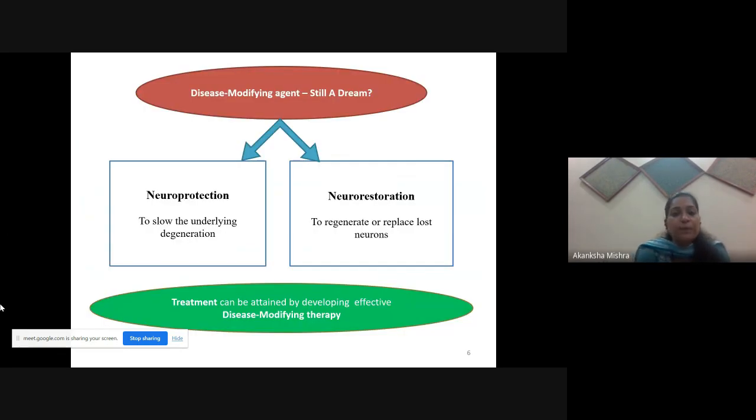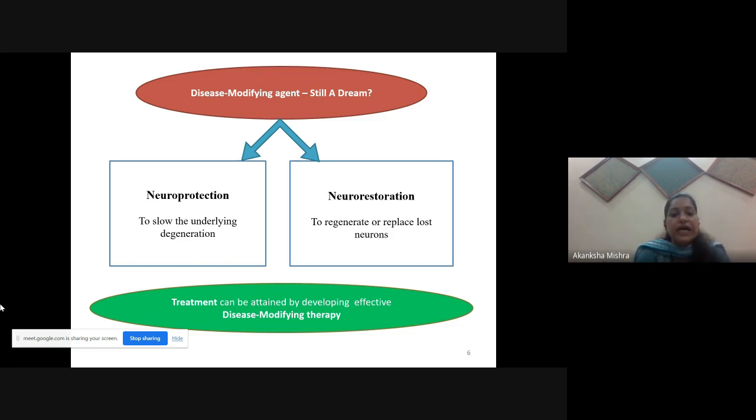Now, as per the topic, future prospects. Because no cure is available till now, only symptomatic treatment, first of all we should know what disease modification is. Disease modification is related to the neurons which are getting degenerated. It is classified into two categories: neuroprotection and neurorestoration.